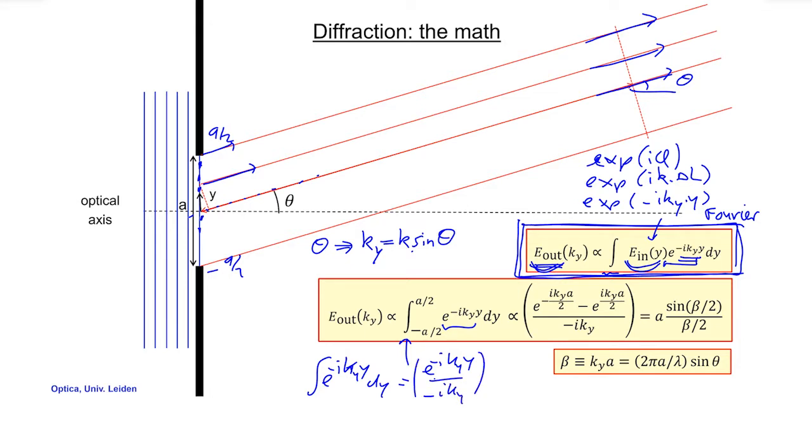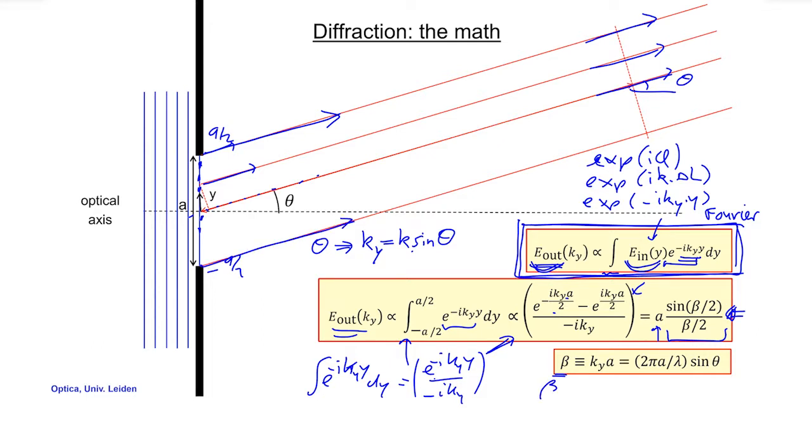And so here in this expression, I already substituted a over 2, minus a over 2, and then I rewrote the outcome in this form, where you see that the field far away is proportional to the size of the slit, naturally, but also to this expression sine beta over 2 divided by beta over 2, where beta is the maximum phase difference between the light emitted from the top of the slit and from the bottom of the slit.